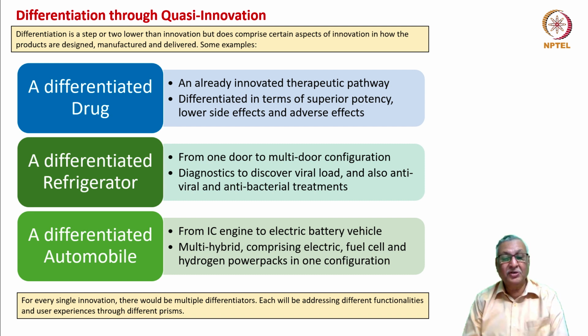For every single innovation, there would be multiple differentiators, and each will be addressing different functionalities and user experiences through different prisms. Just as innovation is required to open up a market space, differentiation is required to broaden the market space even further.